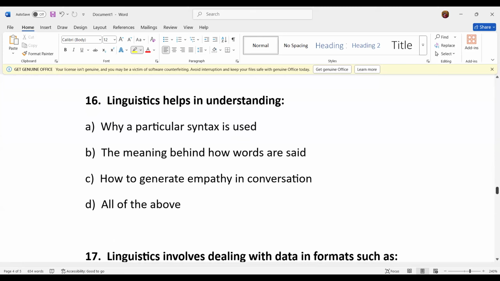Linguistics helps in understanding what? Yes, your answer is correct. All the above.